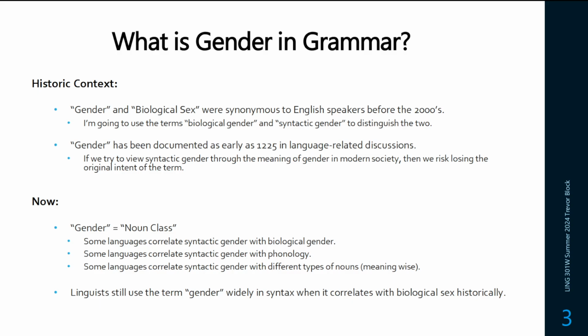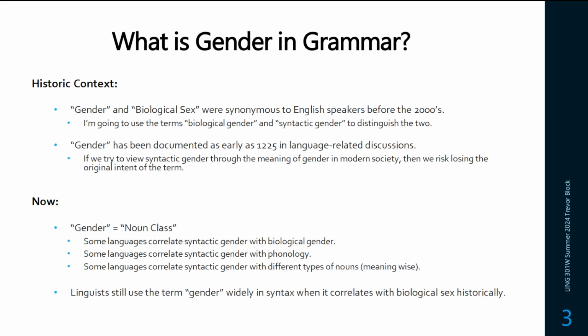So gender's been around since like 1225 in earlier language related discussions, and it's been continuing since then. So figure 750 years of gender being used in a specific way to talk about language. And the meaning at the time in society was more that it's biological sex than a social construct that it is now. So in reality, when we talk about gender, what we're really talking about are noun classes.